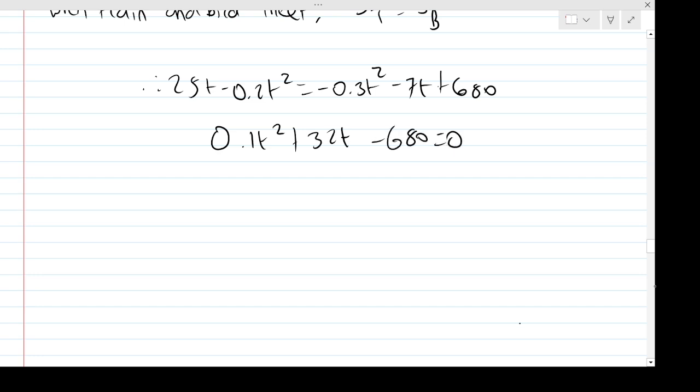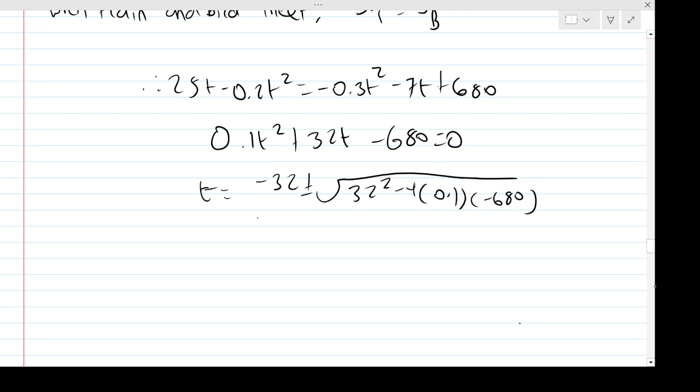So then we solve this quadratic, so we can just plug it into the formula. So t is minus 32 plus or minus the root of 32 squared minus 4 lots of 0.1 lots of minus 680 over 2 lots of 0.1.